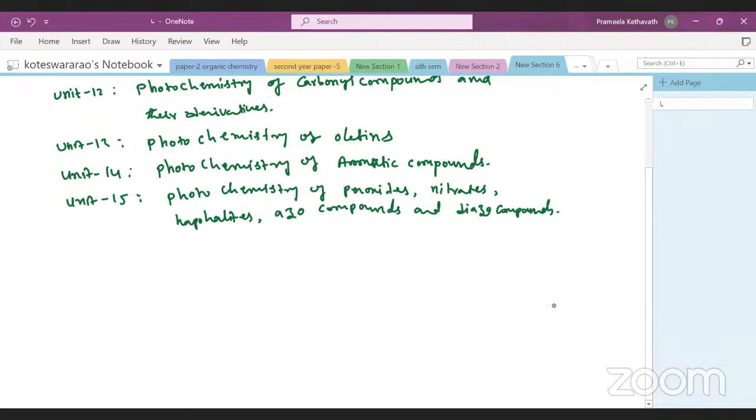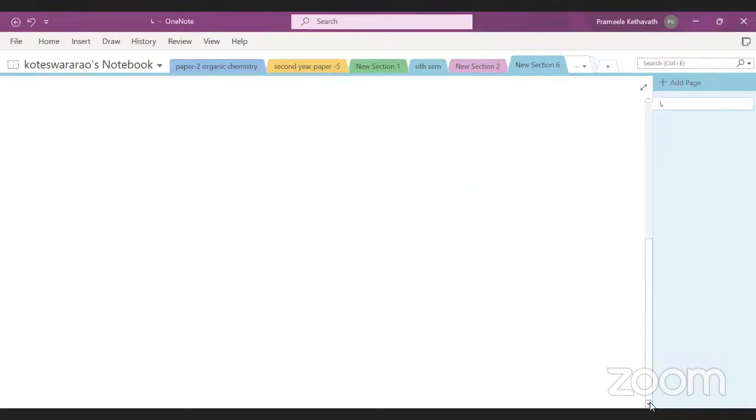Now we are going to start the first unit, that is the 11th unit. Its title is Electronic Transitions.